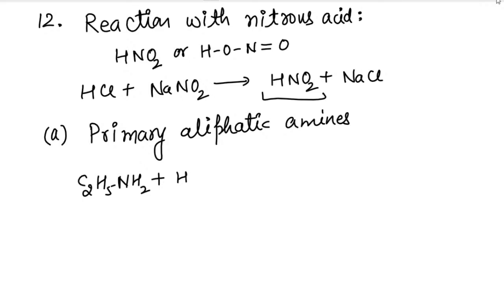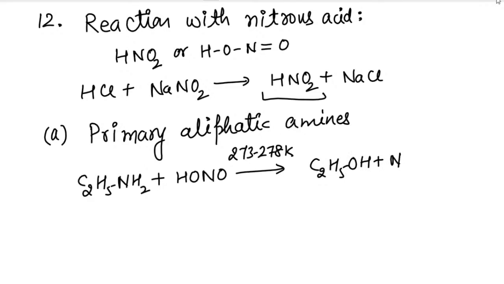On treatment with nitrous acid, which is prepared from dilute HCl and NaNO2 at 273 to 278 Kelvin, ice cold solution, we get ethyl alcohol along with the effervescence of nitrogen gas and H2O.